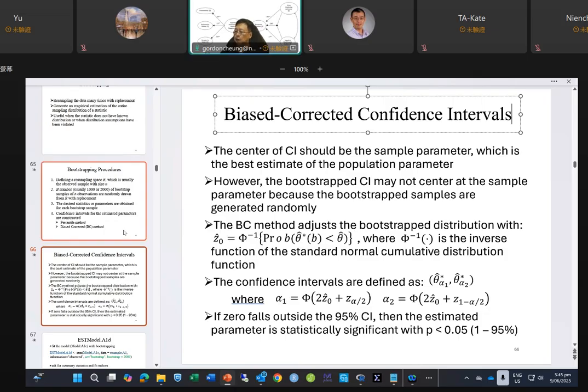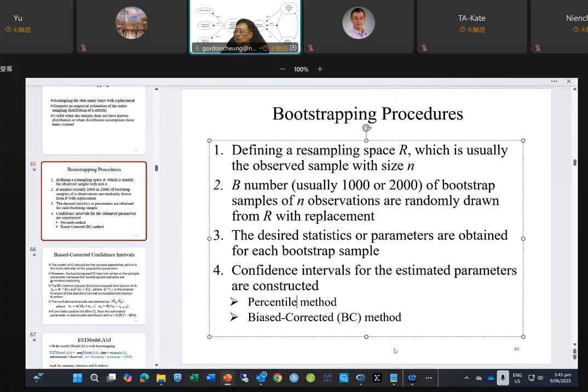No matter whether you use the percentile method or the bias corrected method, I think the reviewers will not question. The bias corrected method provides you with higher power, but people also suggest that we should use the percentile method because the bias corrected method will inflate your type 1 error. Originally, for a 95% confidence interval, your type 1 error should be 5%.